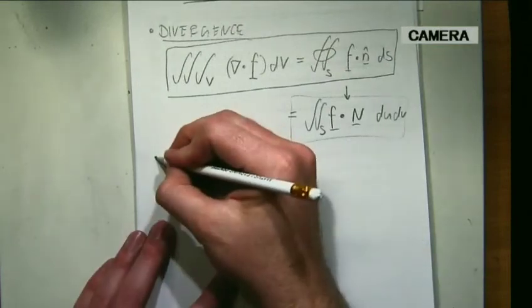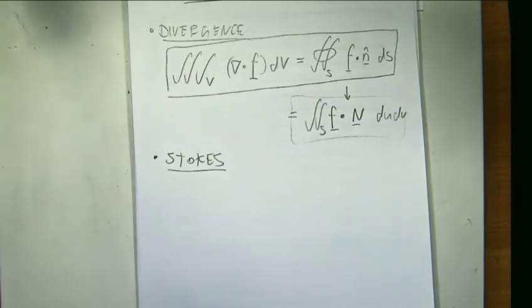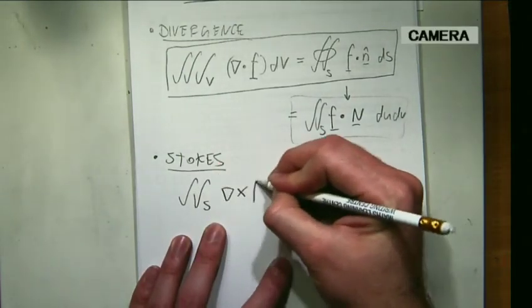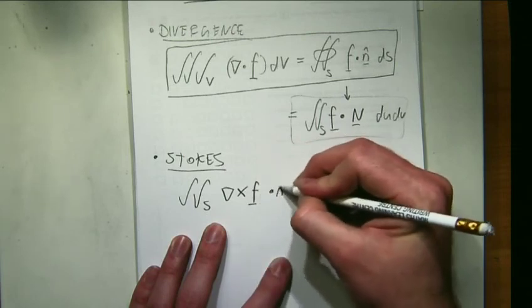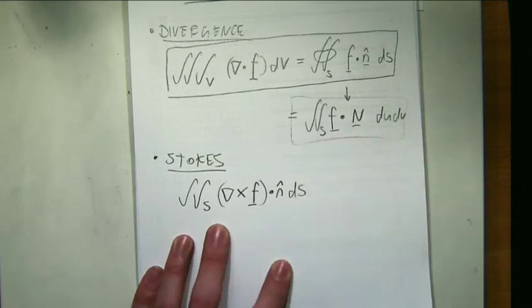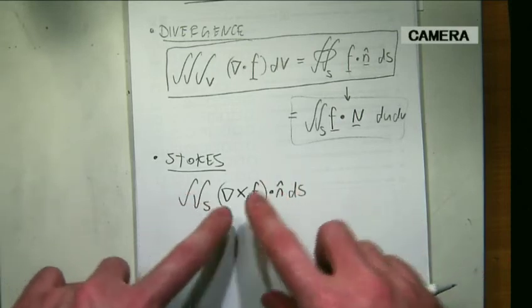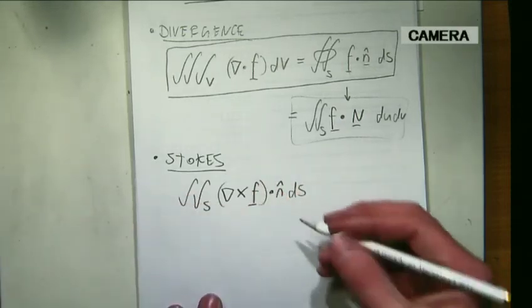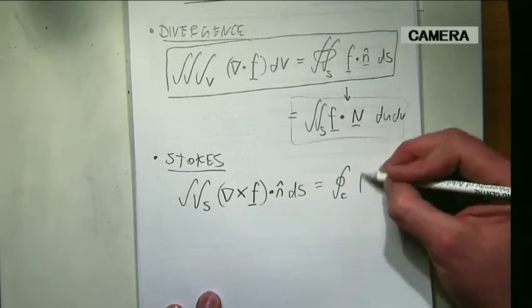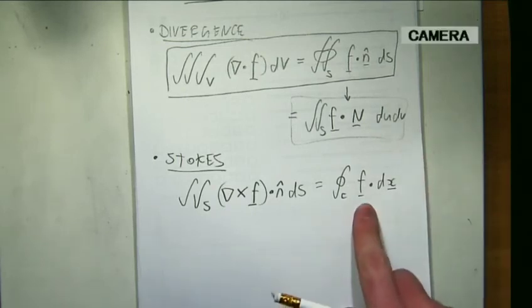And then there's Stokes, which was that, which is a surface integral of the curl, and that's a path integral.